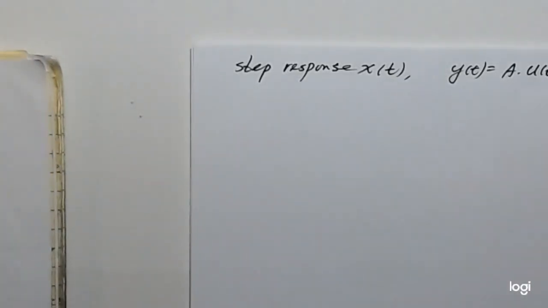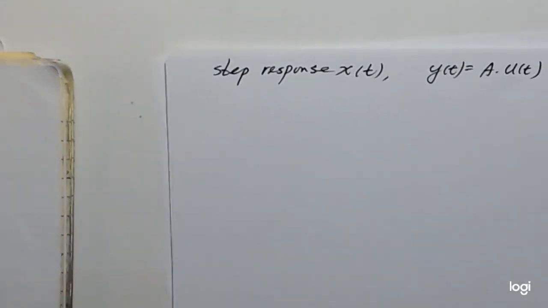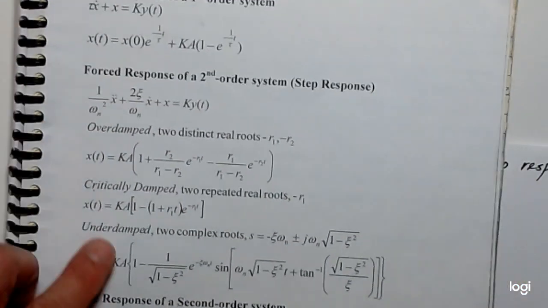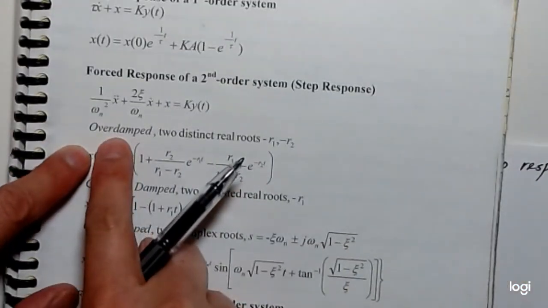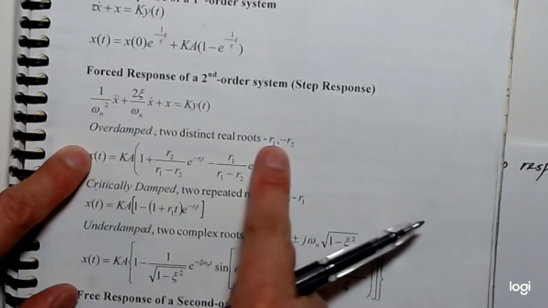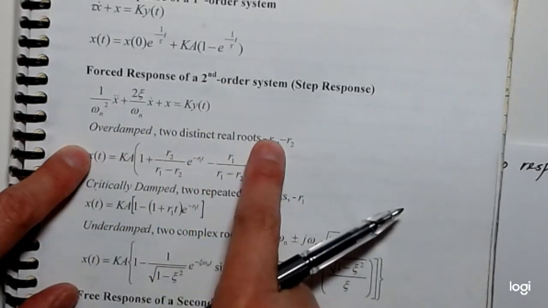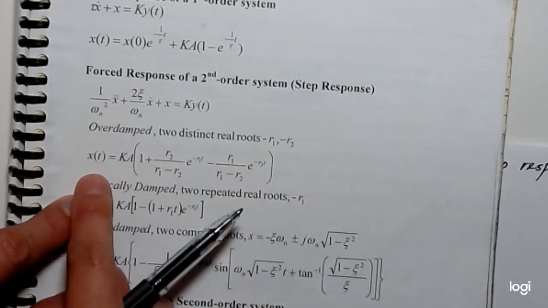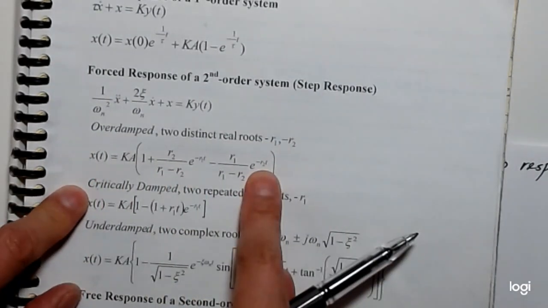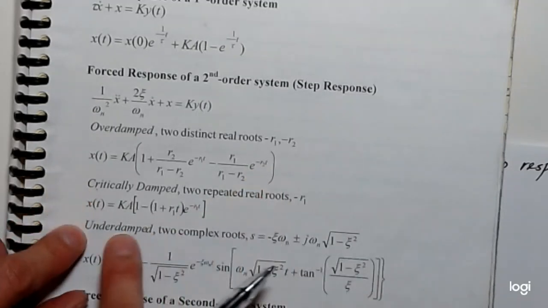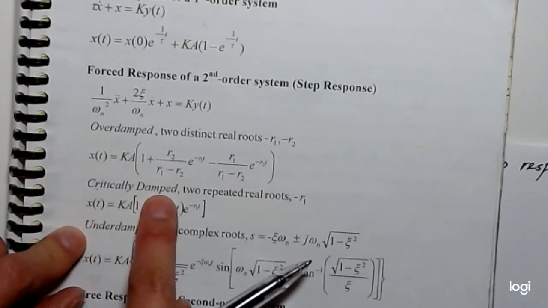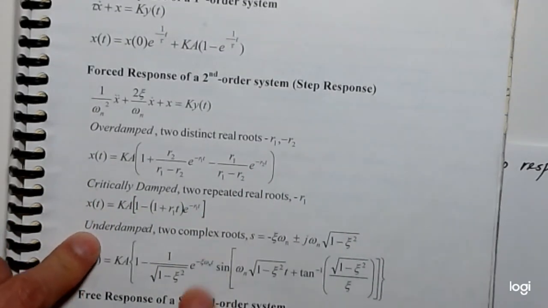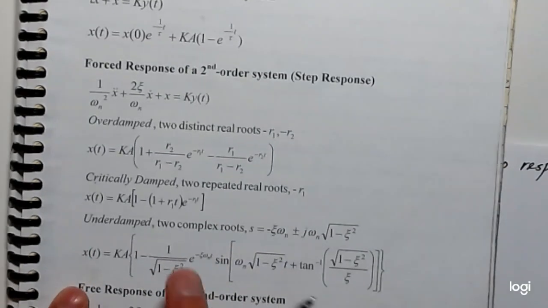Since, like I said, this is a standard form, the formula will be given. It's already posted on Blackboard, so you can see you have three different situations. Overdamped, if there are two distinct real roots, minus R1, minus R2, automatically you get this form for step input. Critically damped, you have this form. Underdamped, you have this form right here.